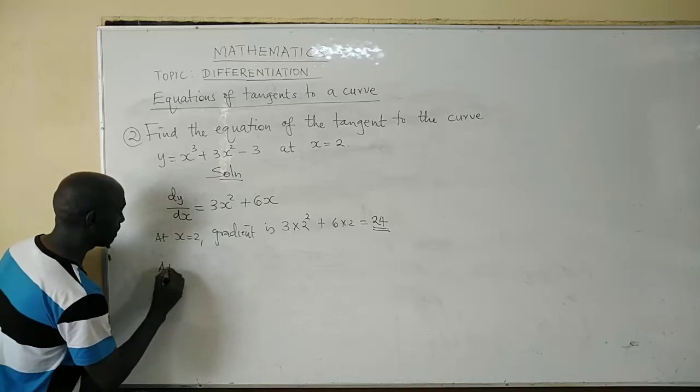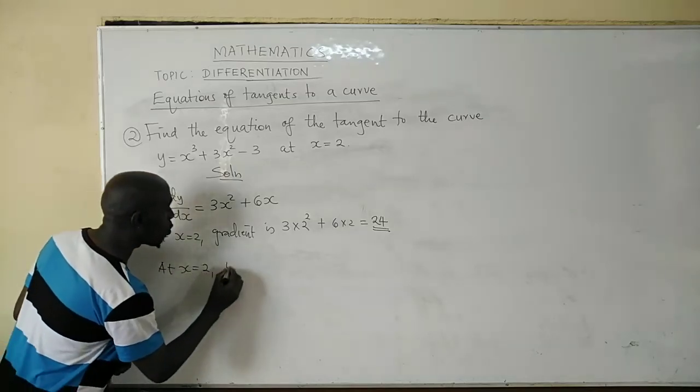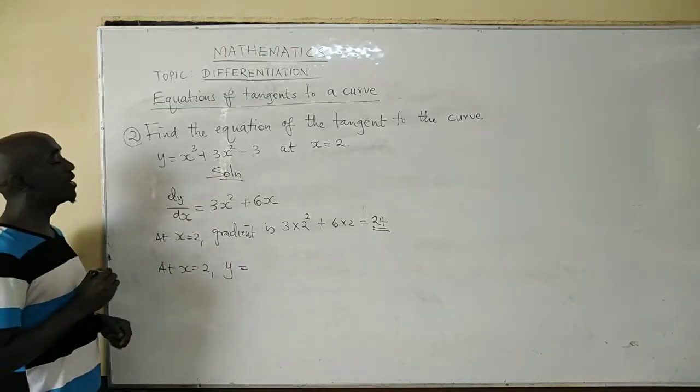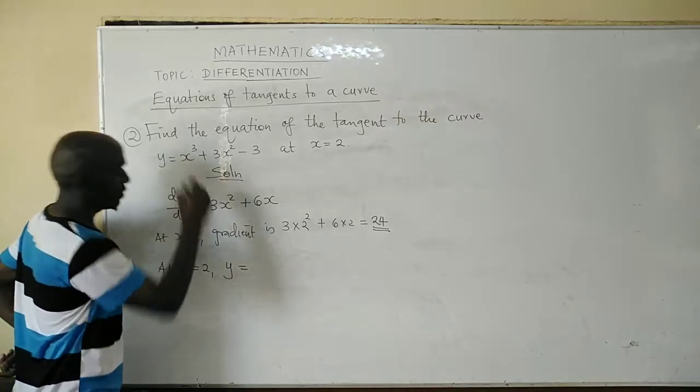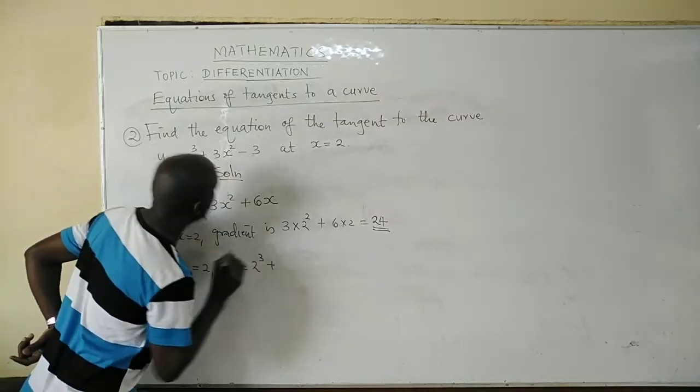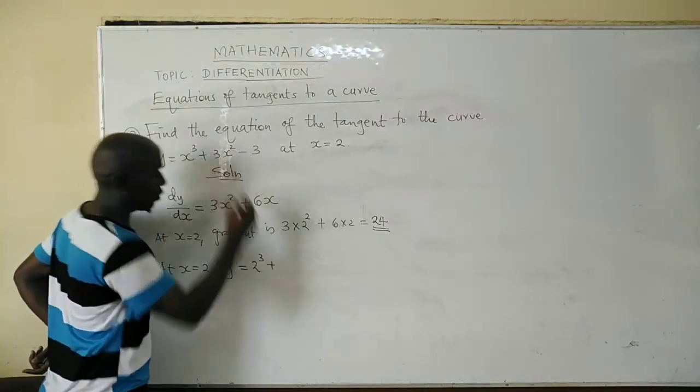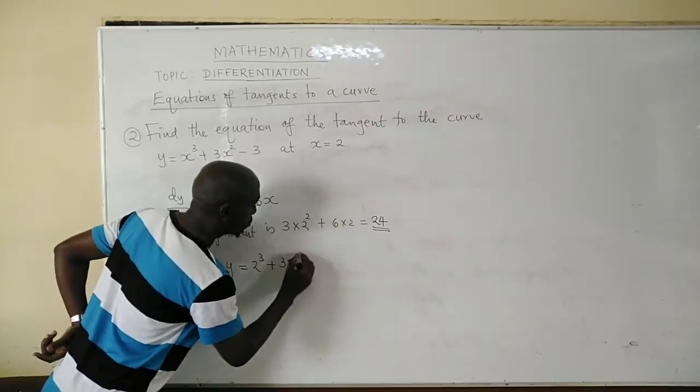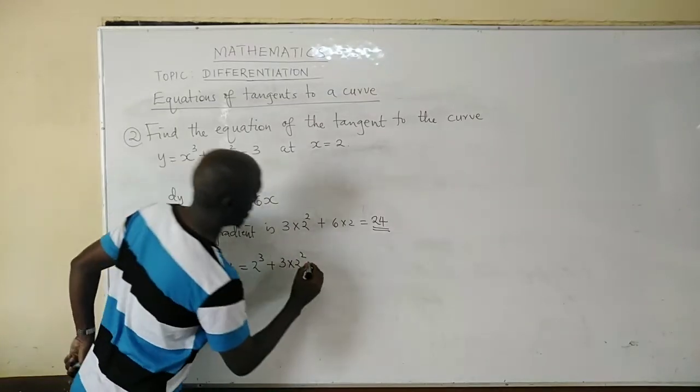So at x is equal to 2, y will be equal to 2 power 3 plus 3 times 2 squared minus 3.